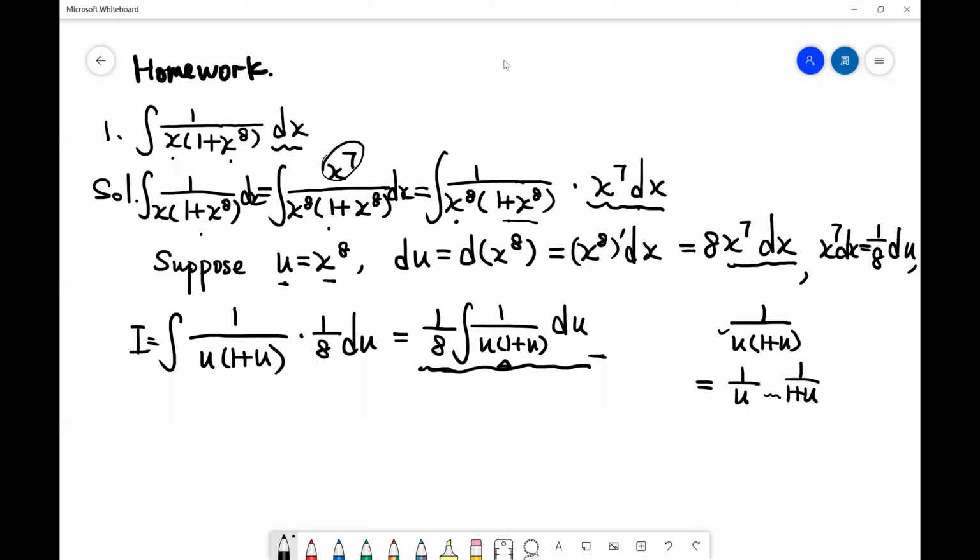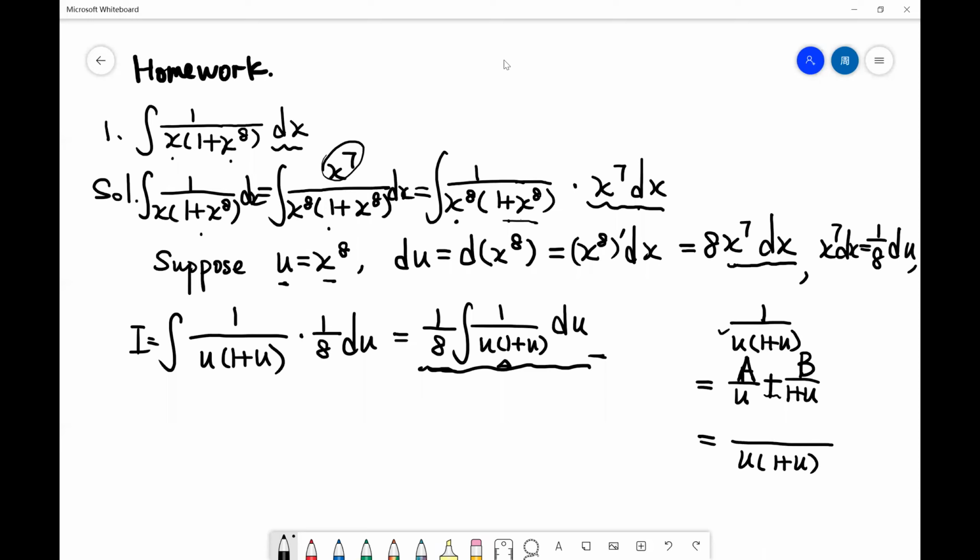We can suppose the first is a by u, plus b by 1 plus u. Then a by u plus b by 1 plus u should be equal to the original over u times 1 plus u, right?